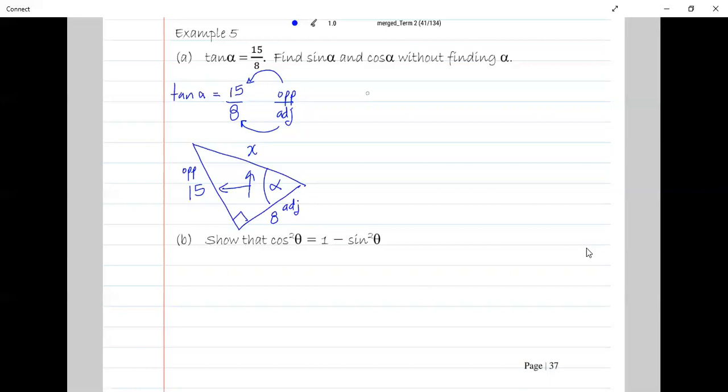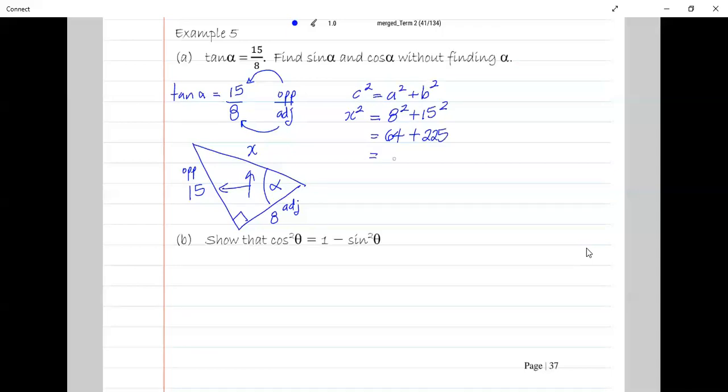Now, Pythagoras Theorem says c squared is equal to a squared plus b squared. That's the Pythagoras Theorem formula. And in this formula, c is the hypotenuse, which we don't know. A and b are the other two sides, which are 8 squared and 15 squared. 8 squared is 64. 15 squared is 225.